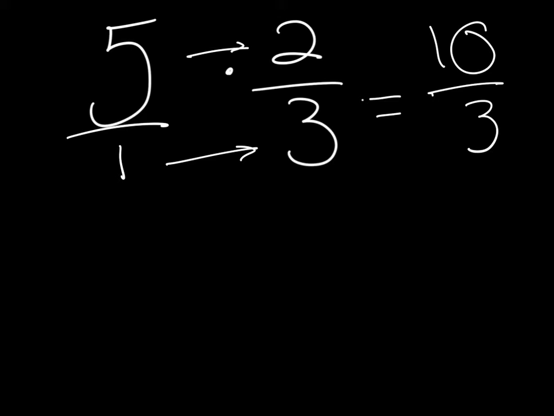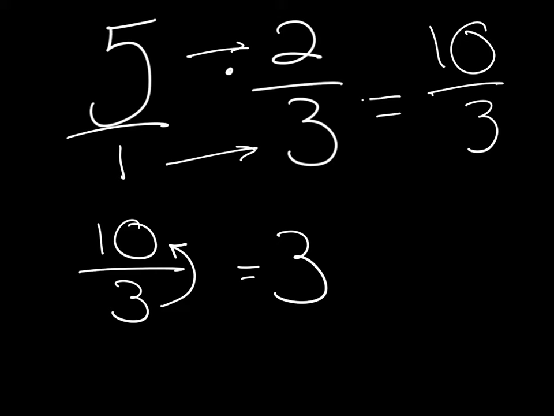This is an improper fraction, so we need to change it to proper. Remember we talked about how a fraction is just division. How many times will 3 go into 10? It will go in there 3 whole times, and that would be 9. Take 9 away and you have 1/3 left over.